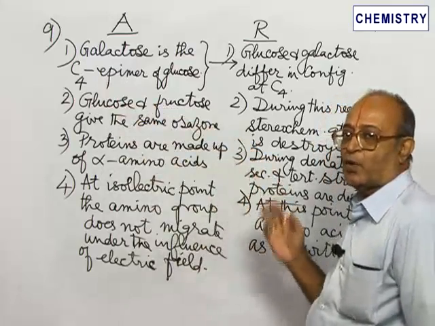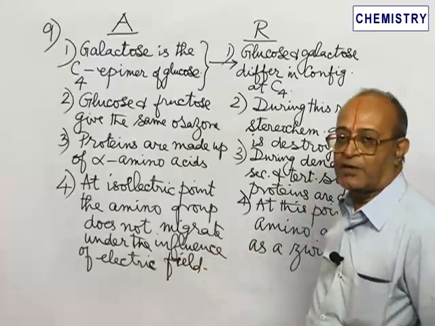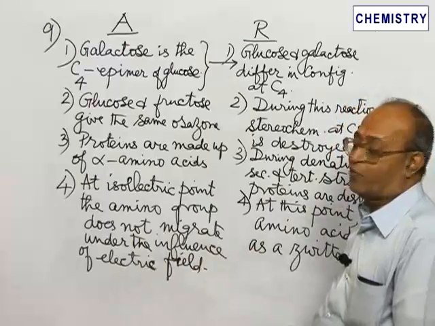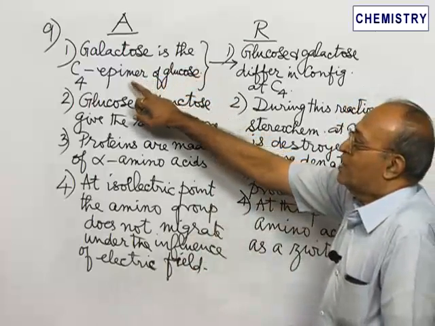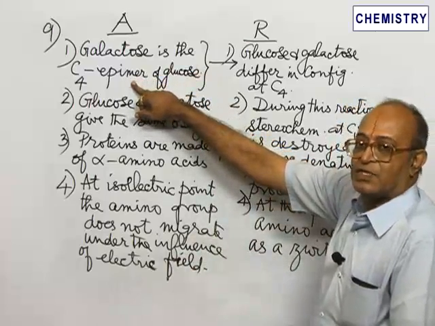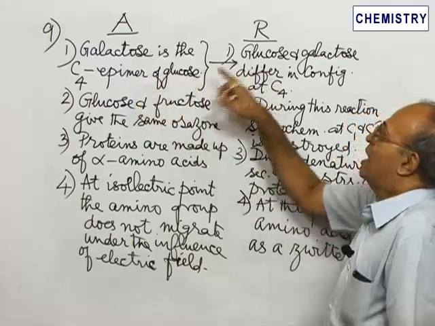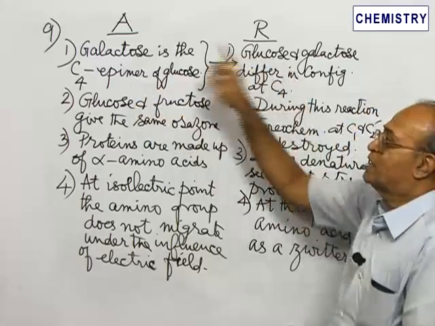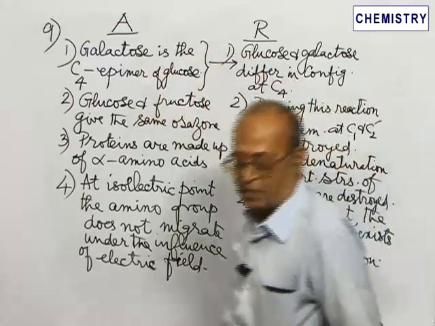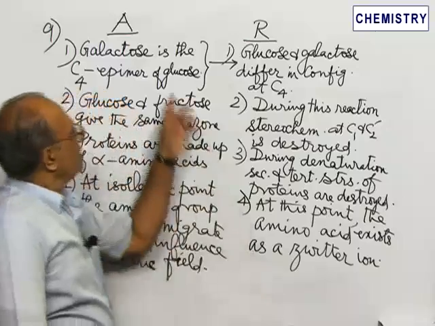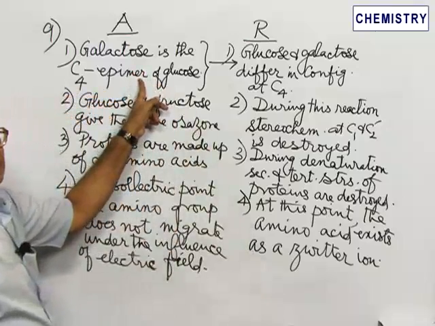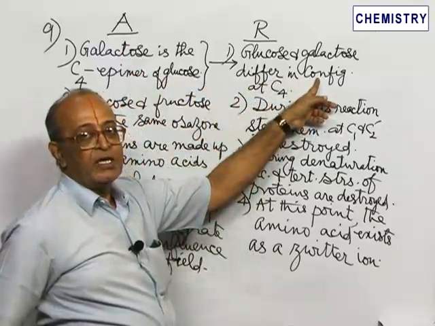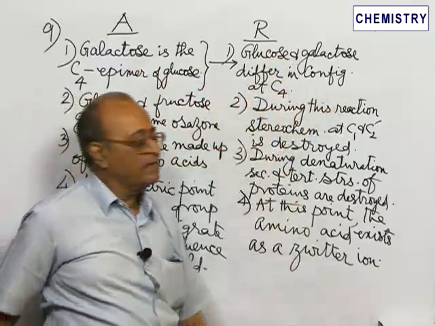OH lying in one case on the right hand side and in the other case on the left hand side around carbon number 4. So first one, this assertion is correct, and under reasoning this is the correct explanation for this assertion. So this first statement is correct under assertion and the corresponding explanation is also correct.